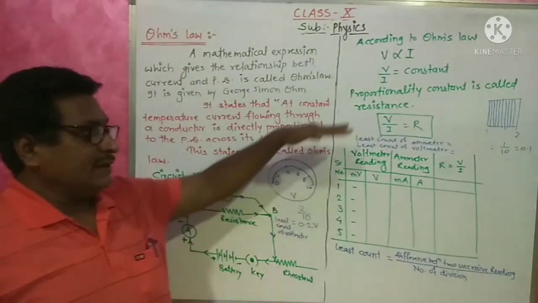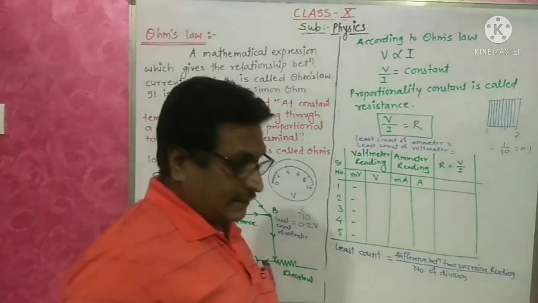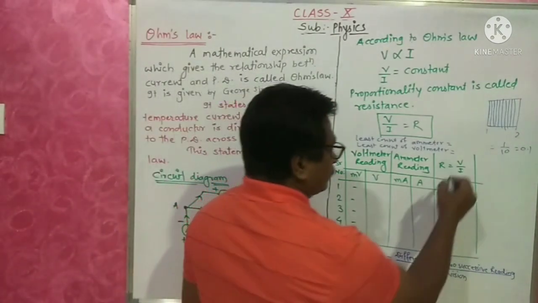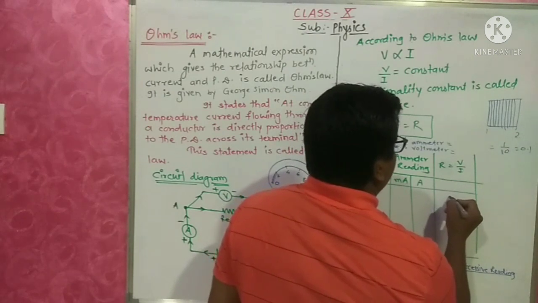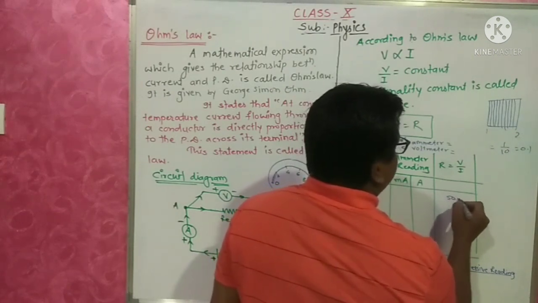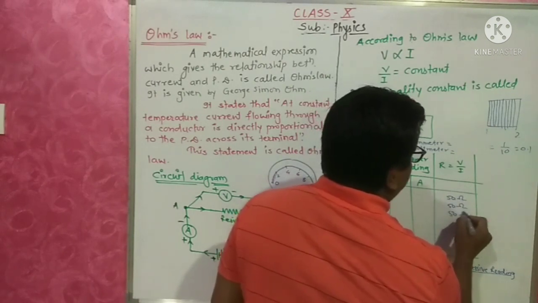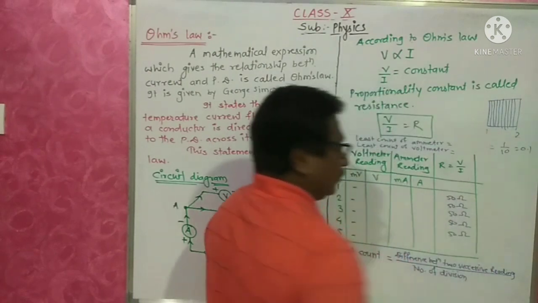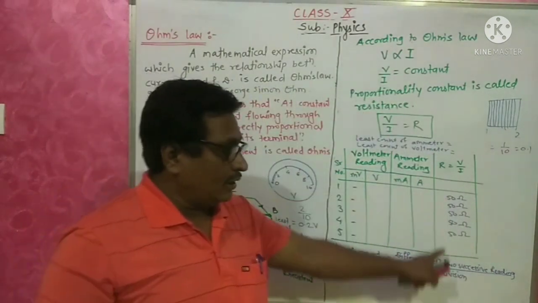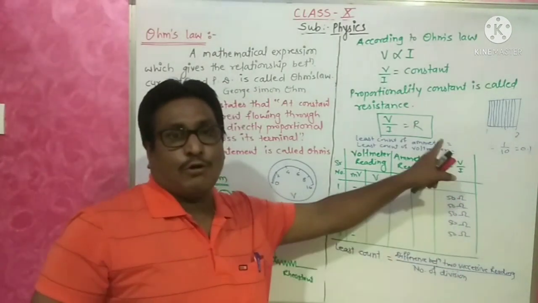So in this way we have to perform the practical. Here you will get the value of R. For example, 50 ohm, 50 ohm, 50 ohm, 50 ohm, 50 ohm. All the values of R are the same, which means R is constant.